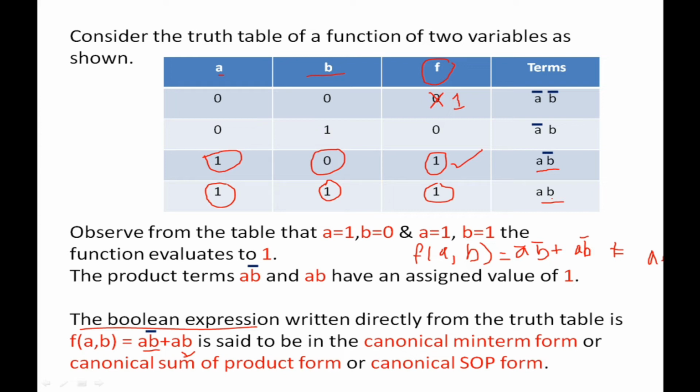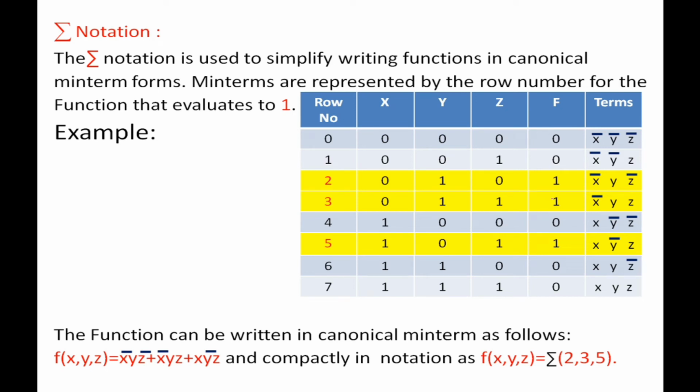Now let us move on to the notation that we are going to use to represent the min term. Here we have a sigma notation, which we call the summation notation. The summation notation is used to simplify writing functions in canonical min term form. What do we mean by simplifying the writing of the function? We'll see with an example.